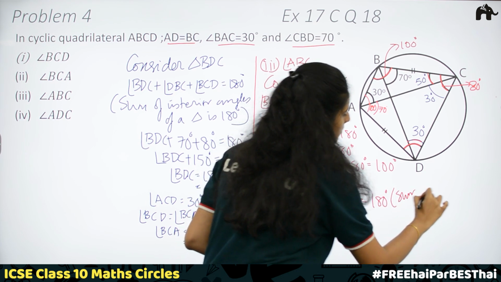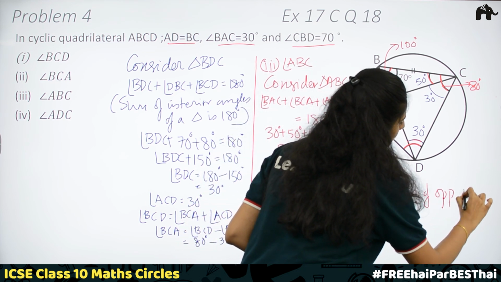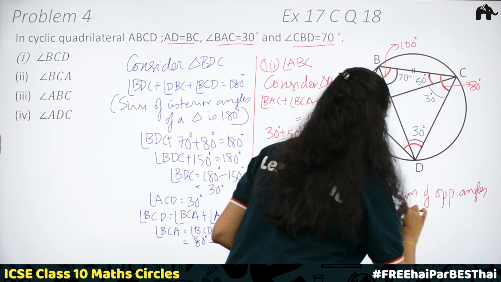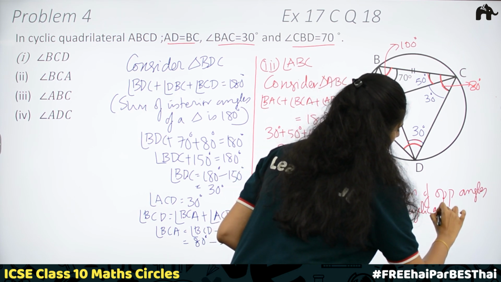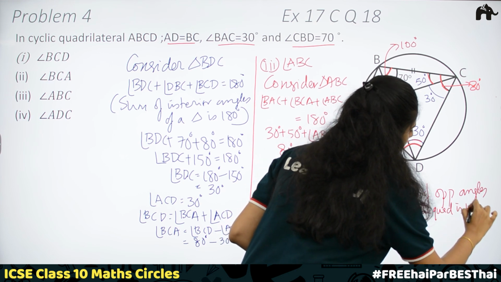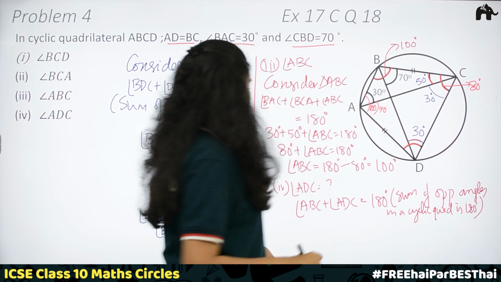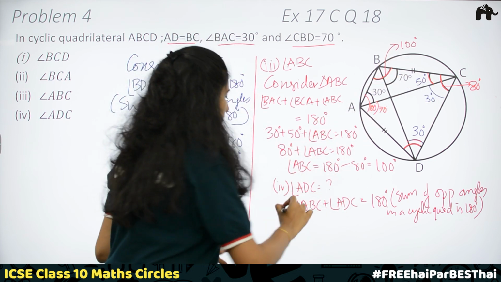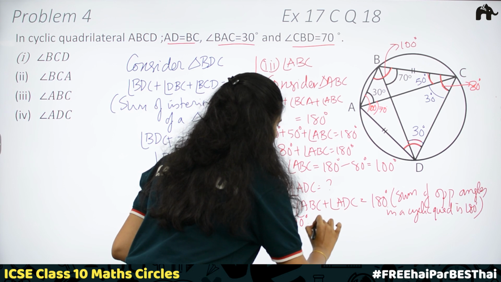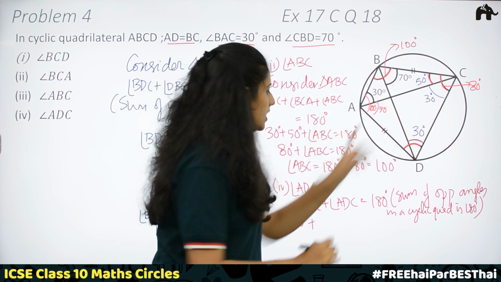Sum of opposite angles in a cyclic quadrilateral is 180 degrees. Now ABC is 100 degrees plus ADC we have to find.